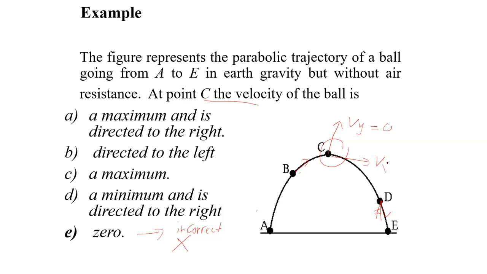There is Vx, and we know Vx is always V0x. At this point, since Vy is 0, it has the minimum velocity, and it is directed to the right. Most people forget about the x velocity. You are right if I ask what is the y direction velocity: it is 0, but the x direction velocity is not.